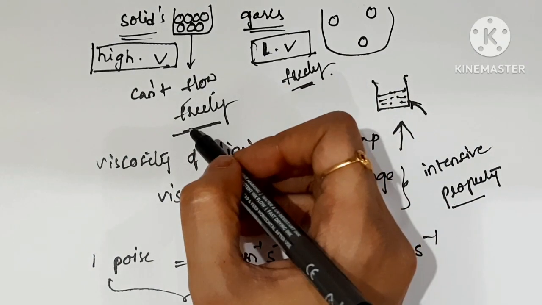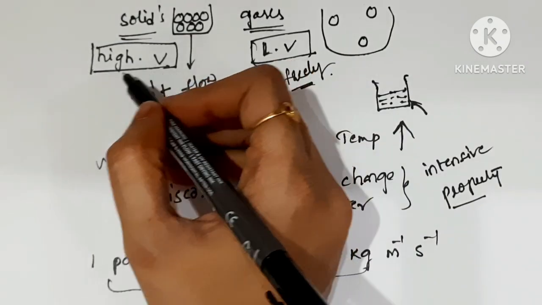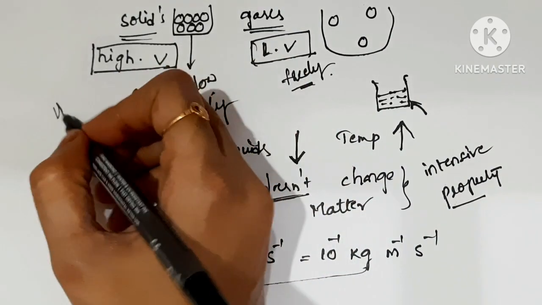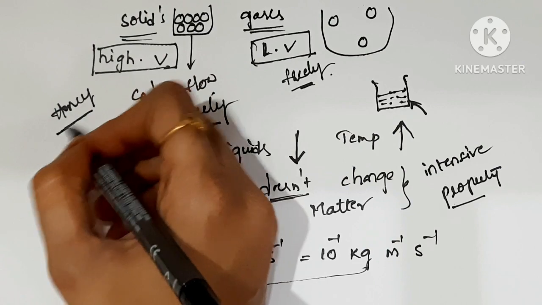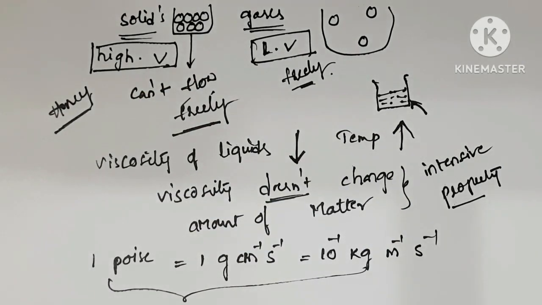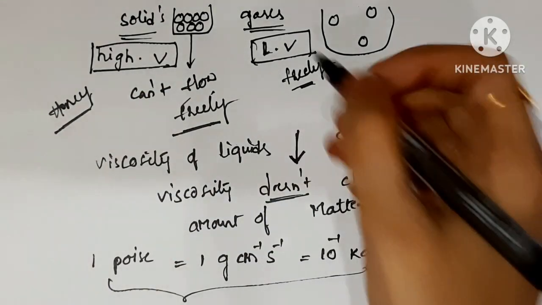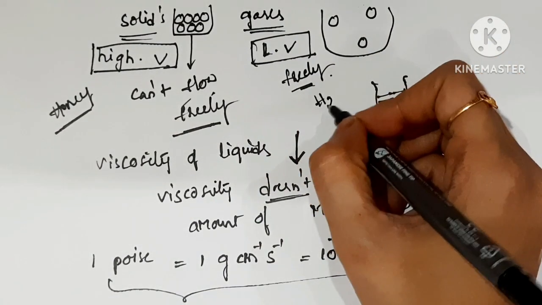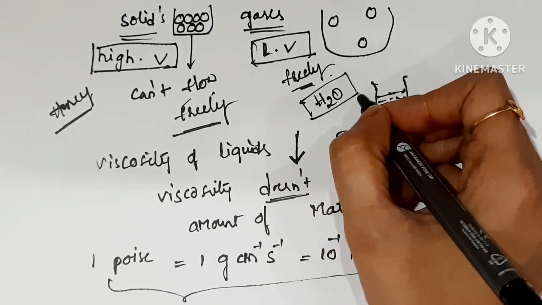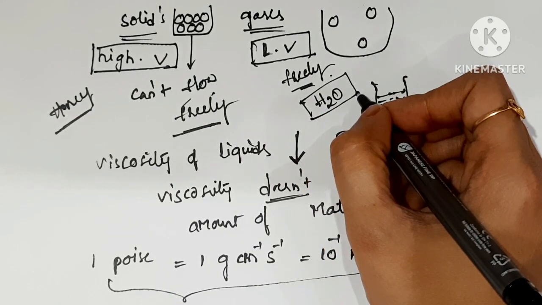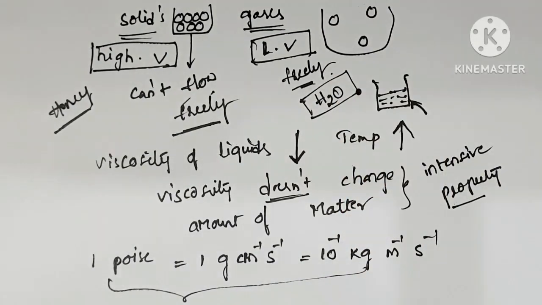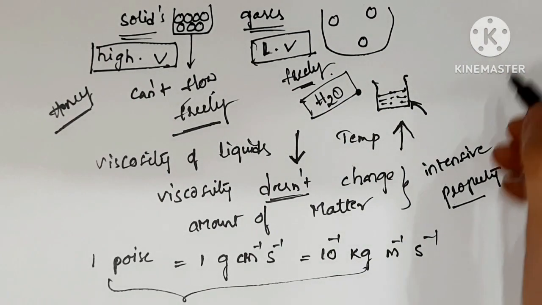If it can't flow very freely, then high viscosity. An example of high viscosity is honey, because it can't flow freely. An example of a liquid with lower viscosity is water. Water flows very fast and freely. That's why water is an example of lower viscosity. This is all about viscosity.